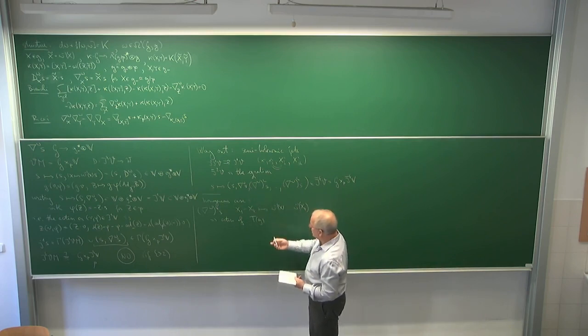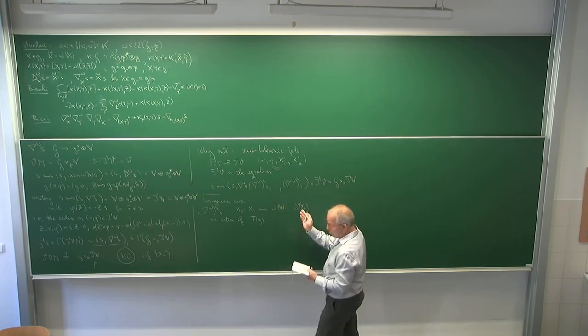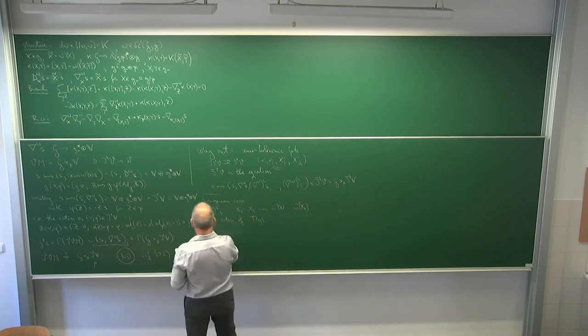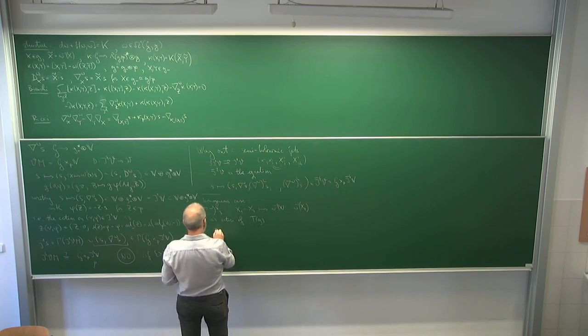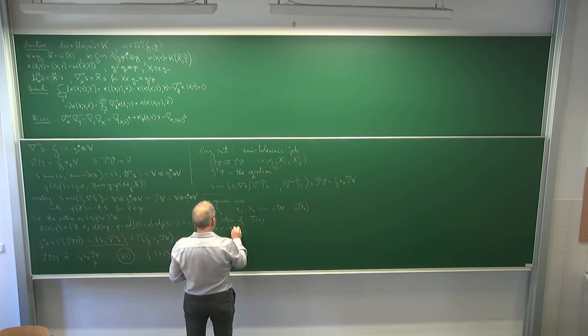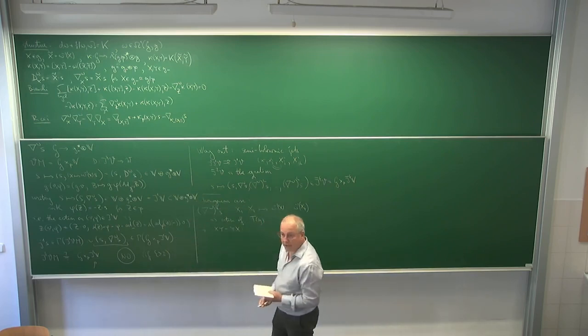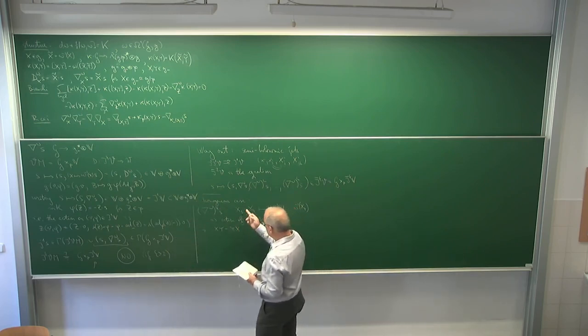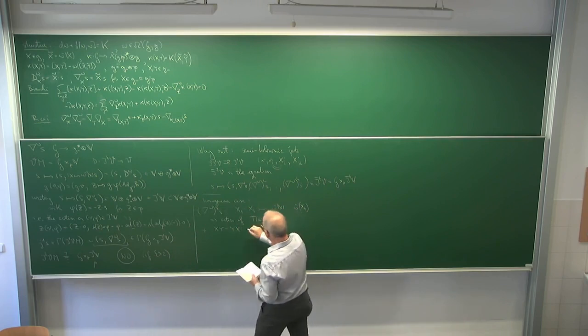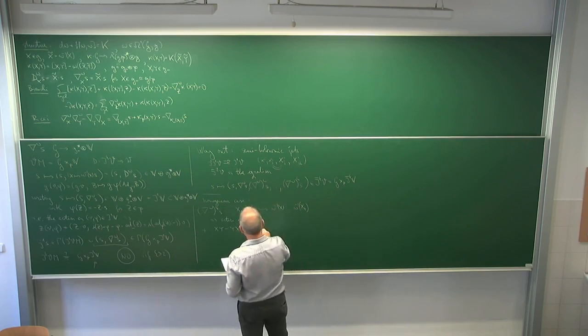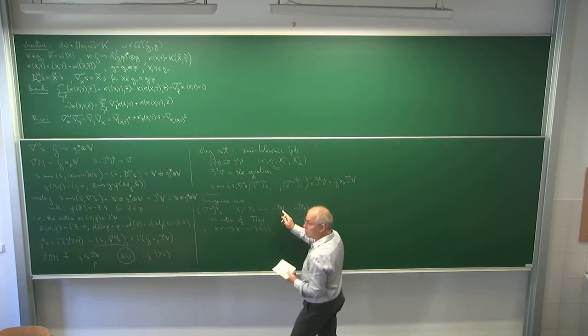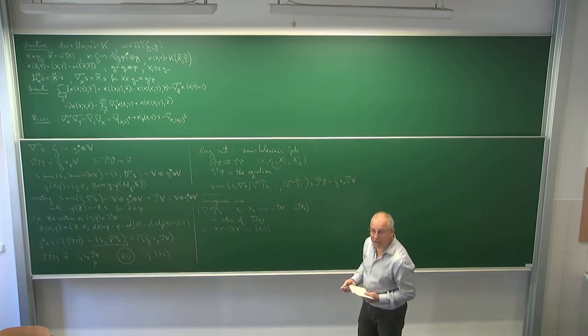Well, of course, on top of that, I know that if I take xy and subtract yx, so if I take the commutator, then I know that it must give the same as the commutator of them, right?